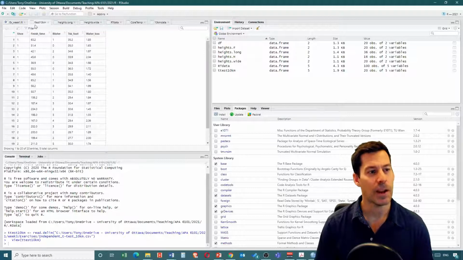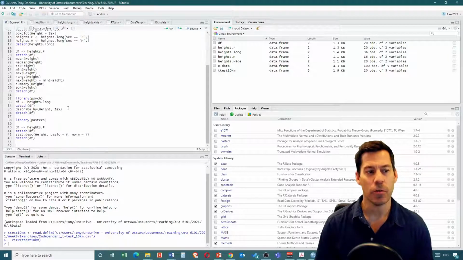Great. So if I go back to my R script, we're going to see which one of these things I've been using so far is going to work best with what our data is here. And I see that here we had used the library psych in order to work with long data and get descriptive stats.